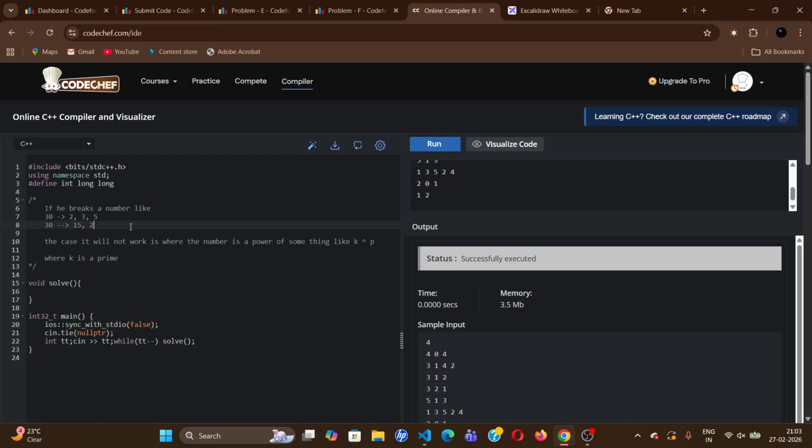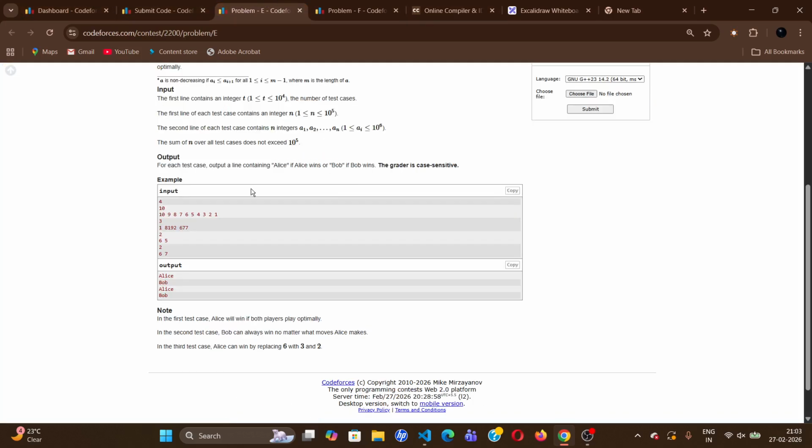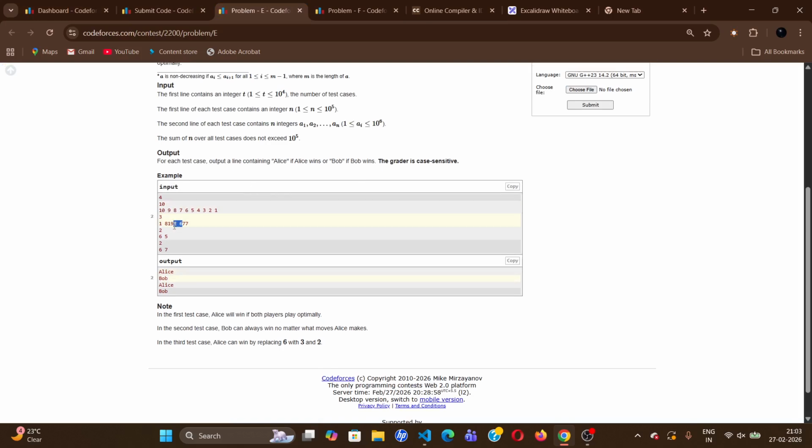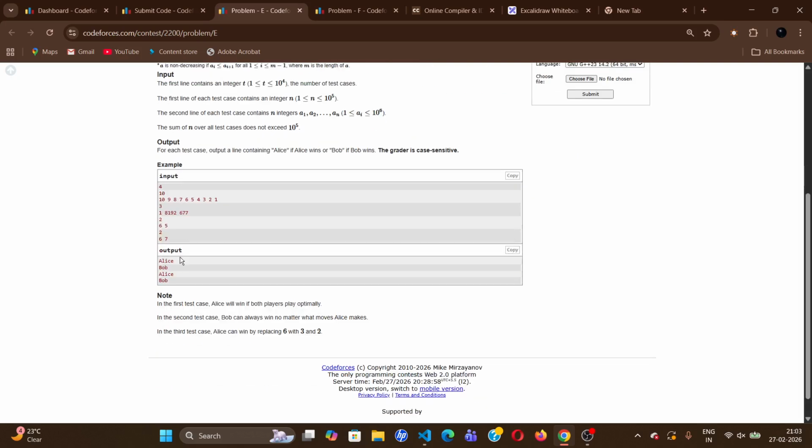Okay, so how to check this? So the primes in this number, we check the first case, if it is already non-decreasing or not.